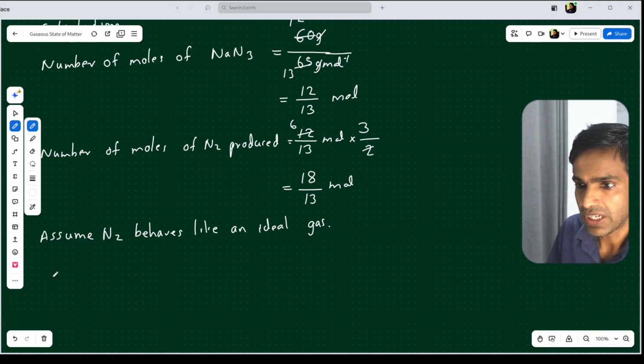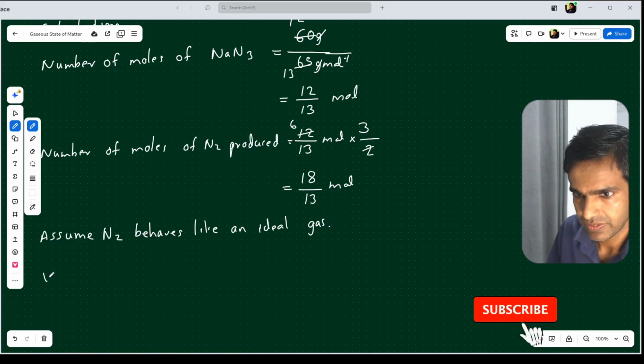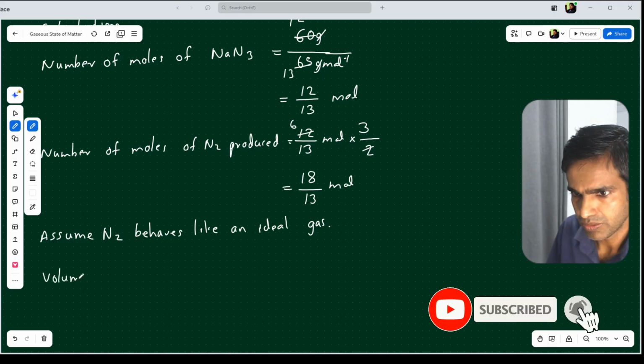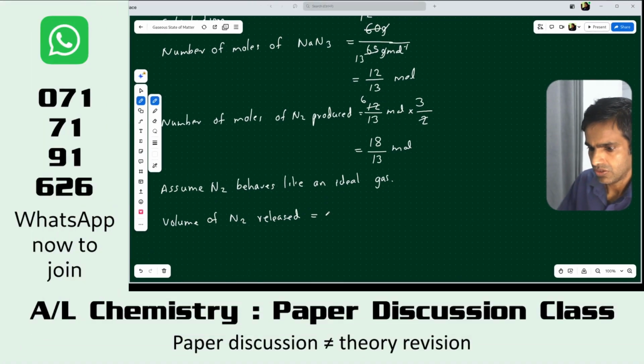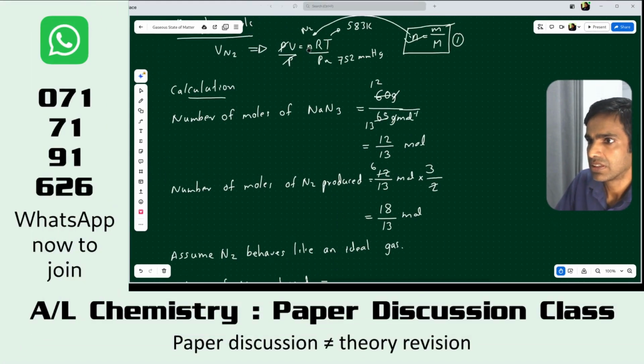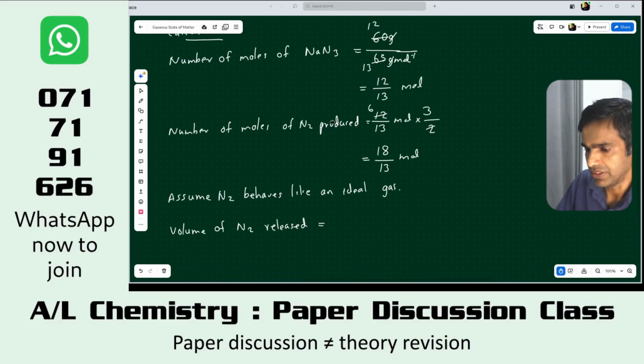Then we can use the ideal gas equation. The volume of nitrogen gas released: so it's clear that volume is nRT over P.